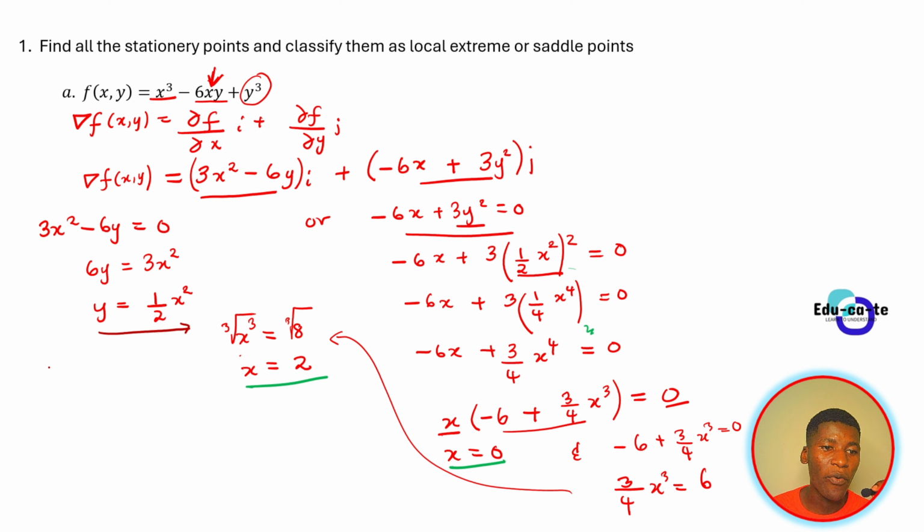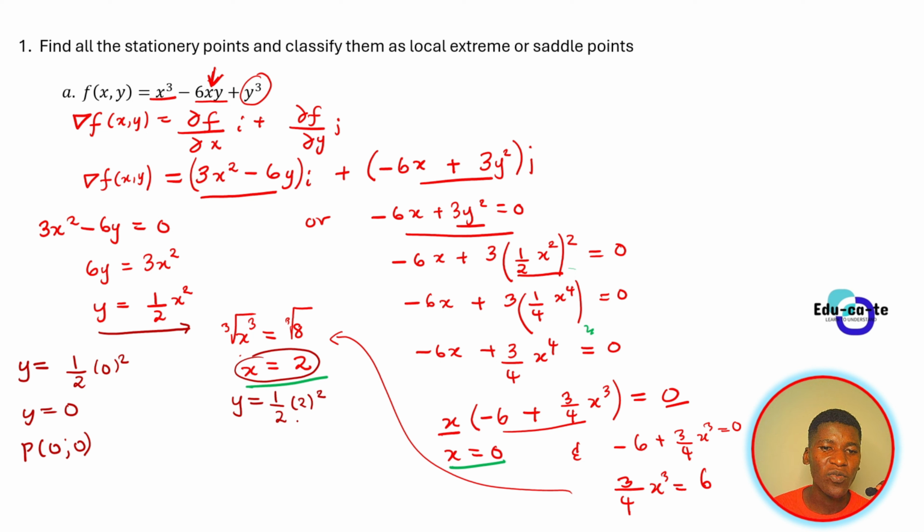So here, let's find our y value. We can find our y value by substituting into y equals 1 over 2 times x squared. So when x is 0, y is also 0. So you've got one stationary point given by the x value 0 and the y value 0. And you also have another x value, x equals 2. So you take 2, you put it into the equation, y will be equal to 1 over 2 times 2 squared.